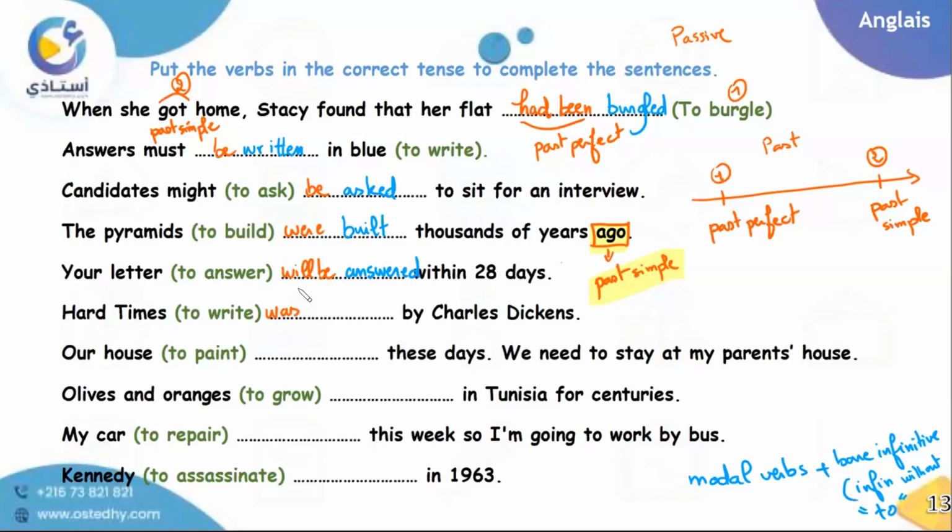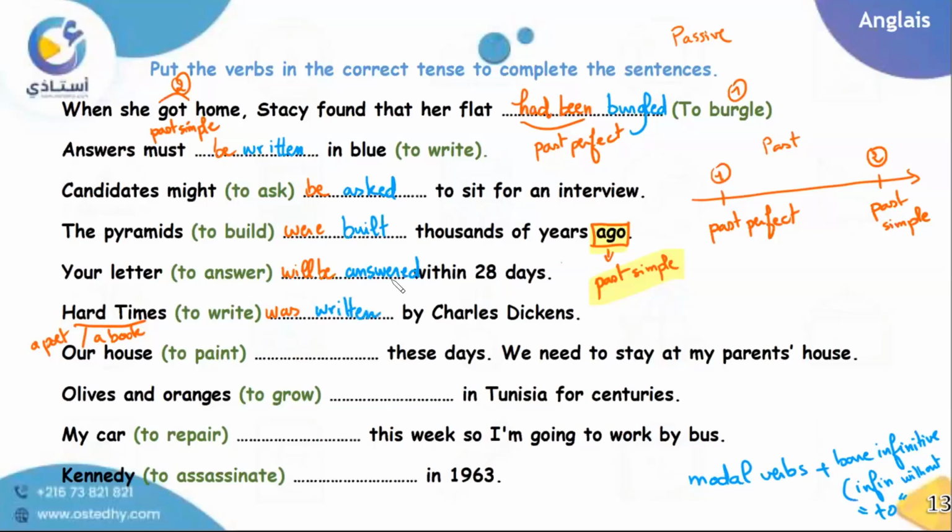It's a name of a book or a poem, so it needs to be in the singular. So was written.